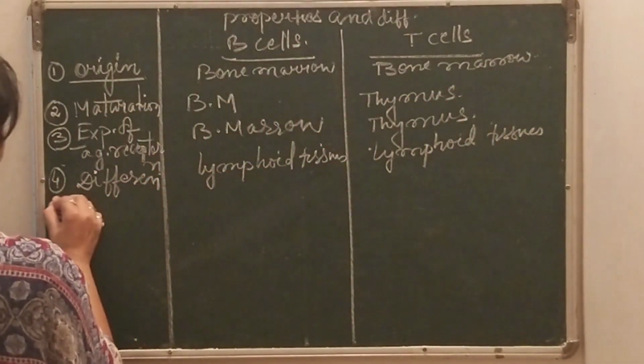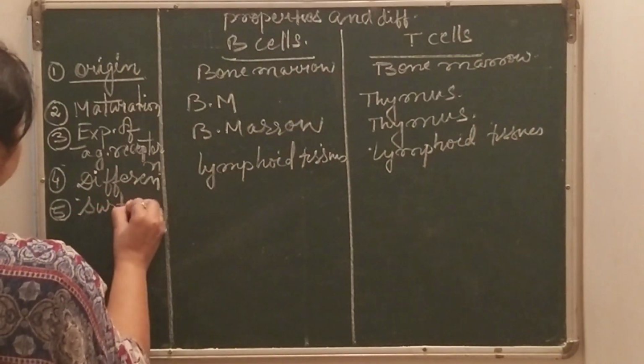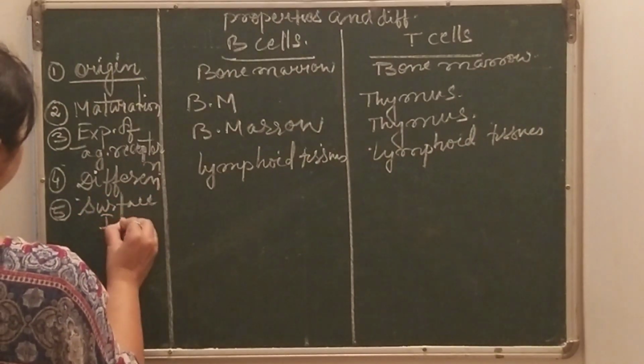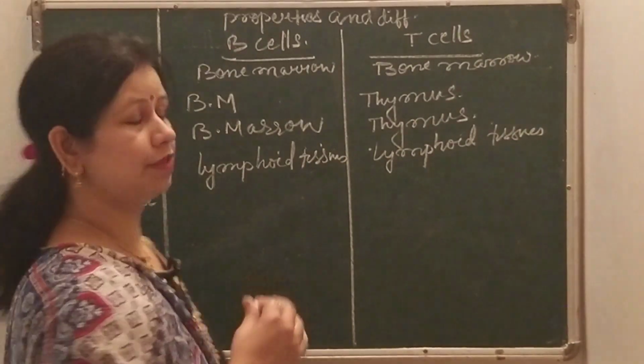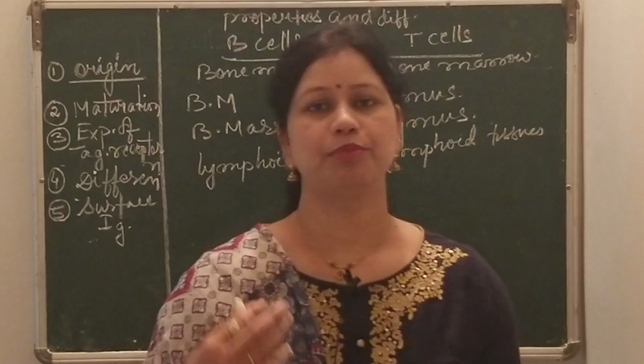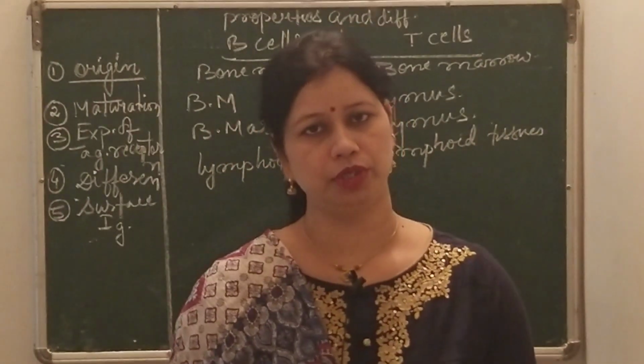Now, the next point is about surface immunoglobulin. Surface Ig means surface immunoglobulin. So, we will see here whether the B cells and T cells possess the surface immunoglobulin or not.